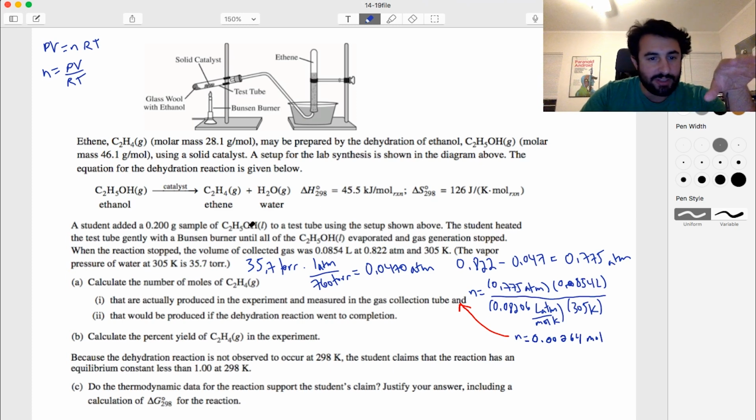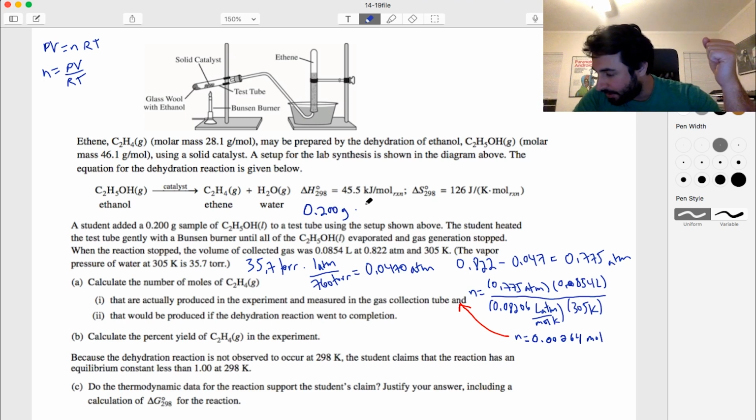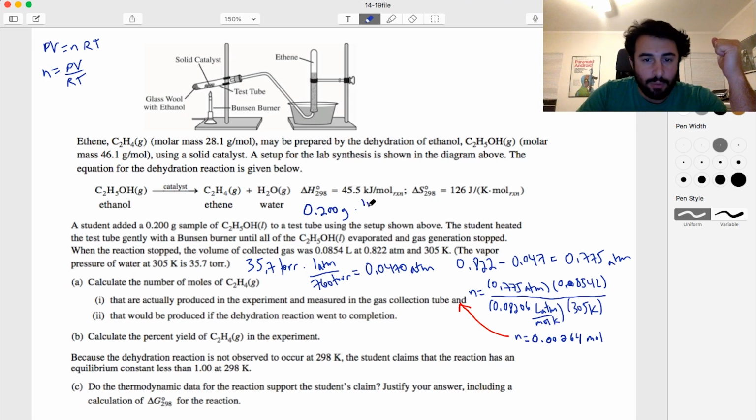All we have to do is understand that we've got 0.2 grams of ethanol, and we're just going to use the molar mass as we're given here. We have a mass of ethanol, so let's get moles of ethanol. And so we can do 1 mole over 46.1 grams, right?